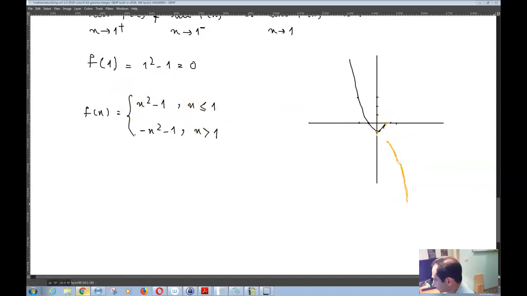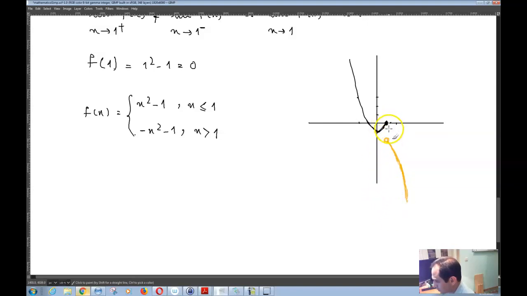So this comes over here and becomes, at x is equal to 1, this circle over here, and then at x is equal to 1, you will get a hollow circle over here. So this is basically the graph of your function.